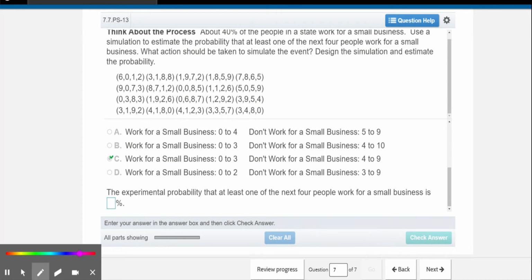Now they're asking the experimental probability that at least one of the next 4 people work for a small business is what percent. So we're going to go back up here and look and see how many of these have at least one person who works for a small business. So we're looking to see if at least one person is numbered 0 through 3.